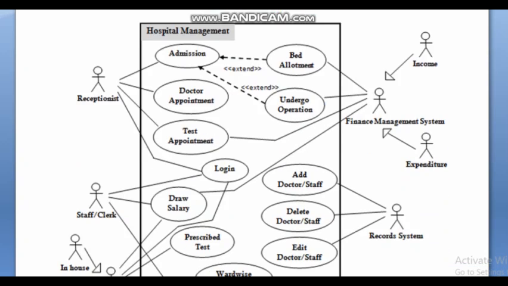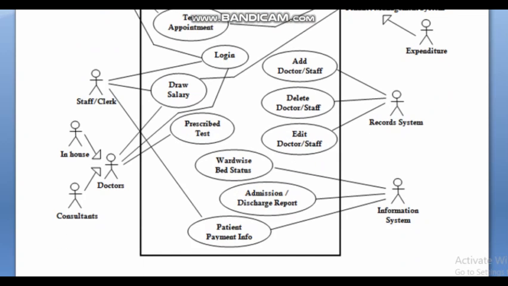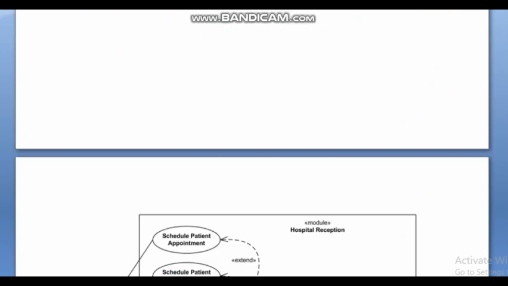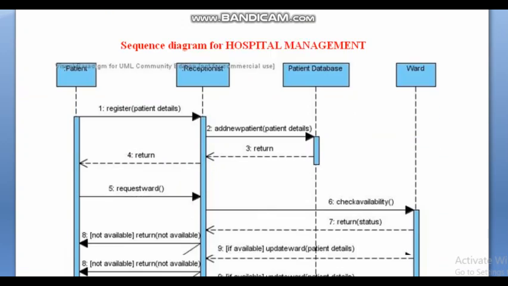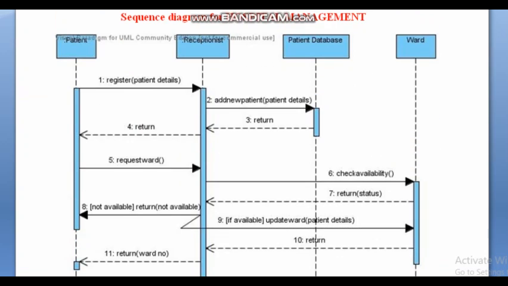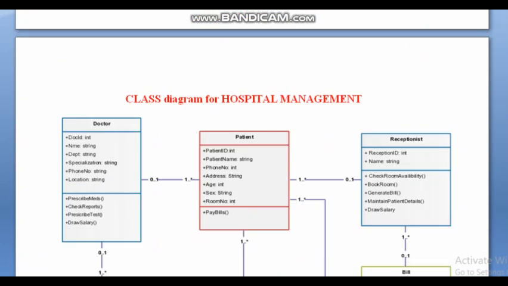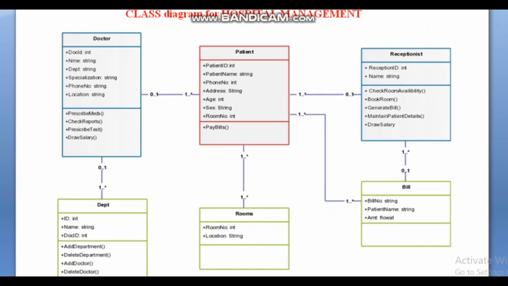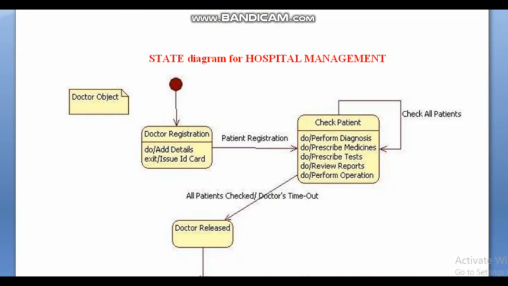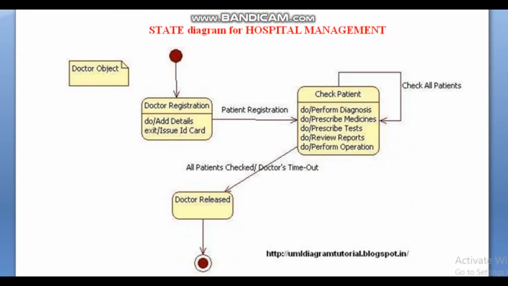In a use case diagram, the interaction between the outer environment actors and the software is shown. In a sequence diagram, you show all the activities in sequence between the different components of the software. A class diagram is a class representation of the software. A state diagram represents how the different objects or classes undergo different states during the different activities.